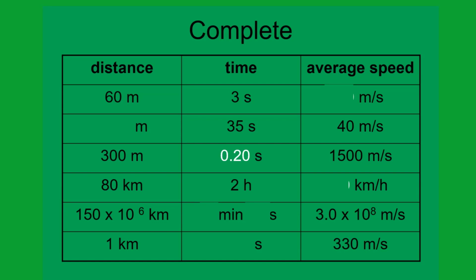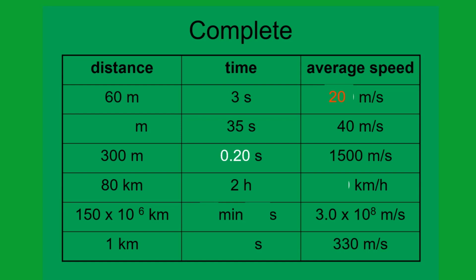So average speed equals distance divided by time taken. So 60 divided by 3, 20 meters per second. So here average speed for the first case is 20 meters per second.